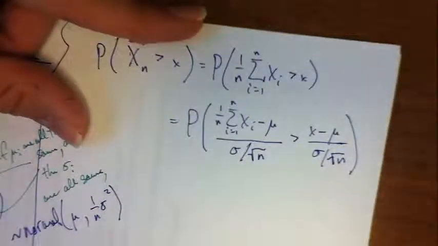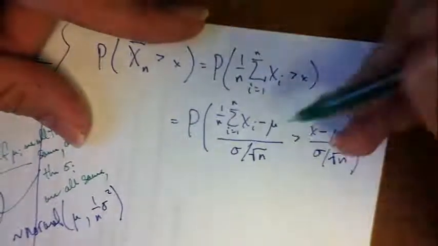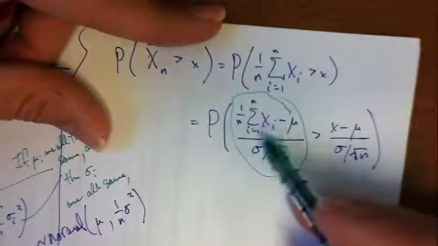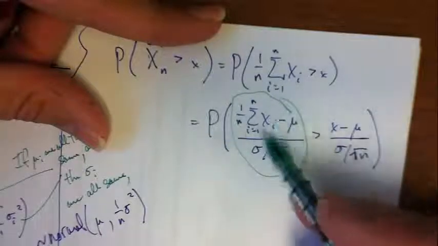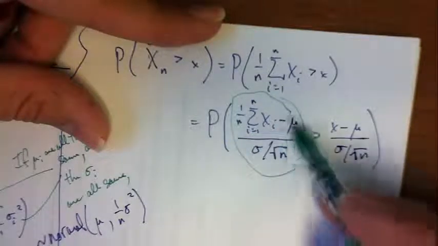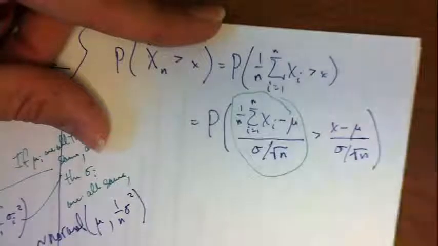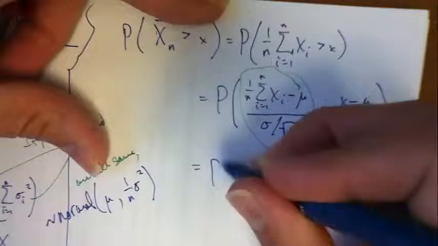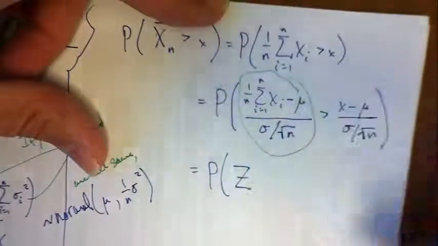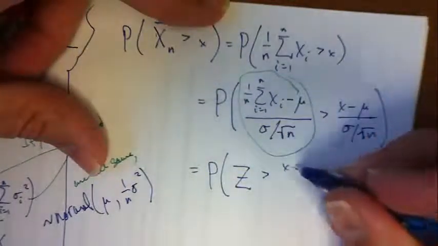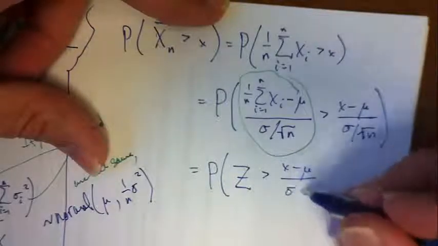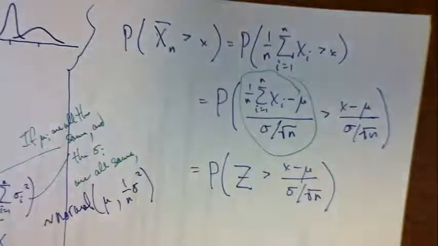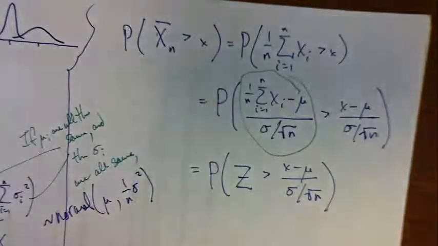Now, I know how this behaves. I've just taken a normal random variable and standardized it, right? I've shifted it by its center and divided by its standard deviation. So all of this is the same thing as the chance that a standard normal random variable exceeds (x minus mu) over (sigma over root n). And now I can use this to solve my problem.